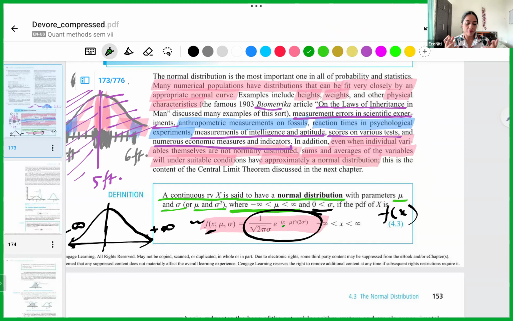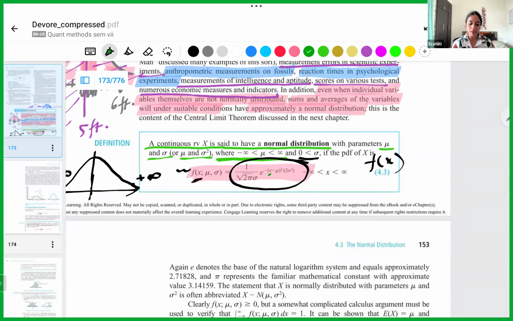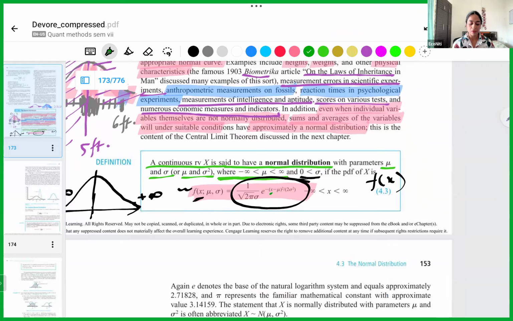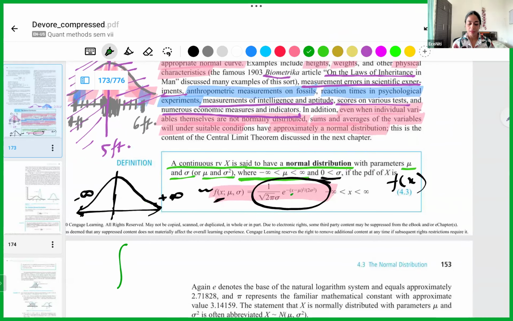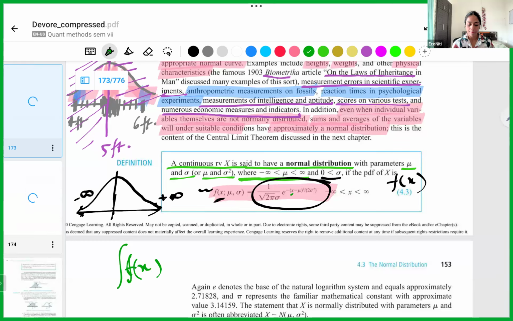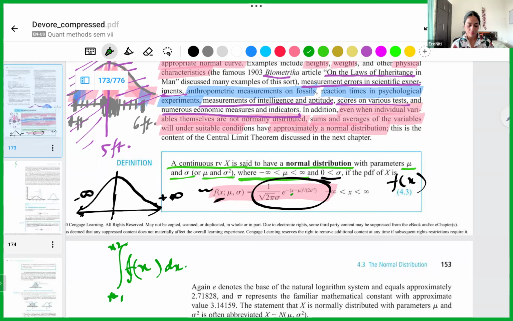So जब तुम मान लो कि you've given two values of x's, because this is a continuous distribution, we have to look at the interval. So suppose your CDF, you will have to integrate. तो जब तुम x का कोई particular range लेते हो, and you integrate this function f of x, x1, x2, this will give you the area or the probability with which this normal random variable will lie in that interval. ठीक है?